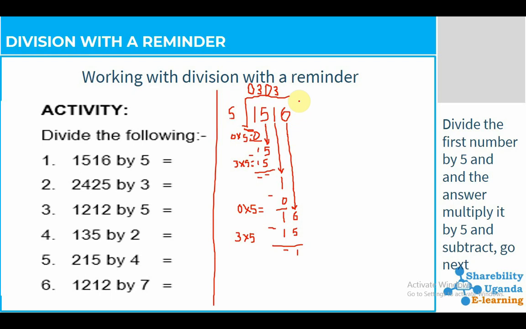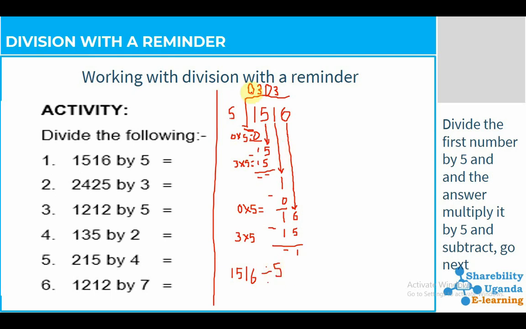But there is no any other thing here. So we shall be able to say that this number divided by 5. I did not want to write the whole of it here. Let me write it.